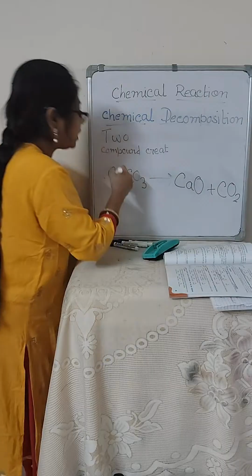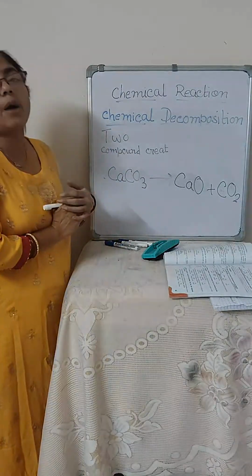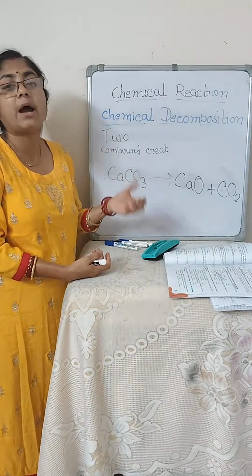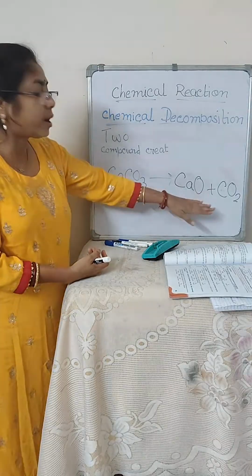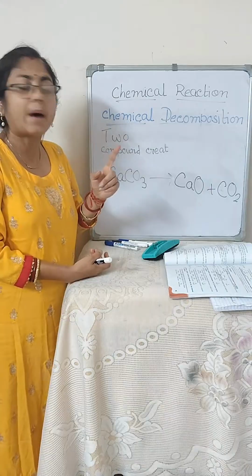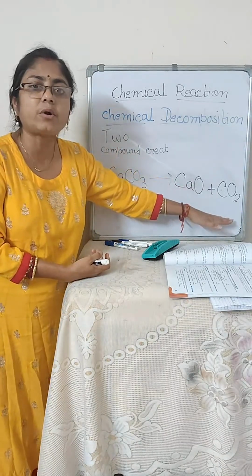Look, calcium carbonate is a compound, and after decomposition what's happened? Here no elements are prepared, no elements are created. Two new things are prepared, but both are compounds. One is calcium oxide and one is carbon dioxide.